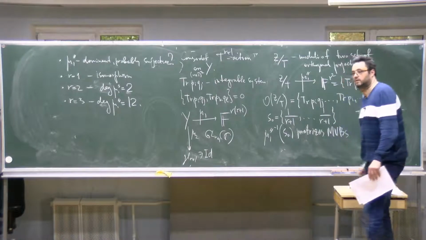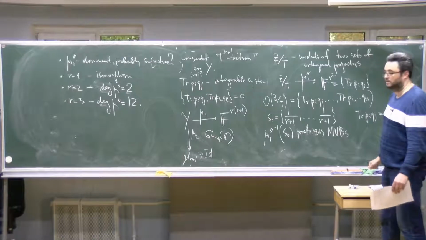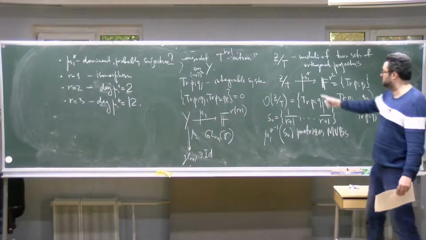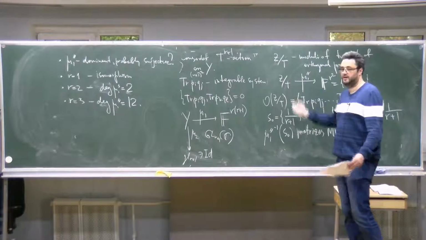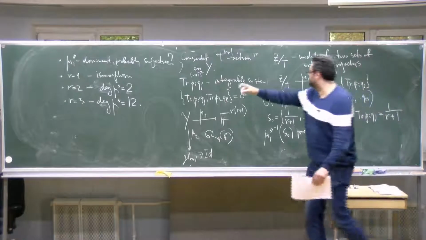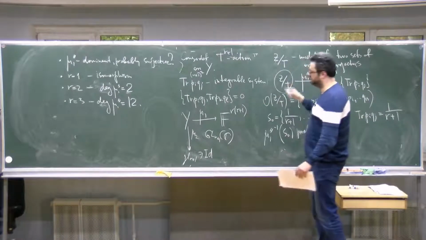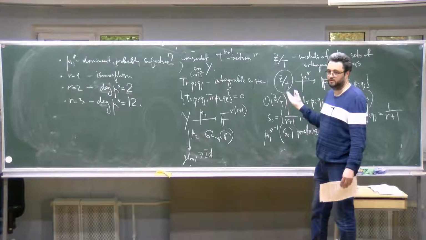What is the structure of that moduli space, and what is the geometry? In the case R equals 2, it is an open subset of a Coble variety.